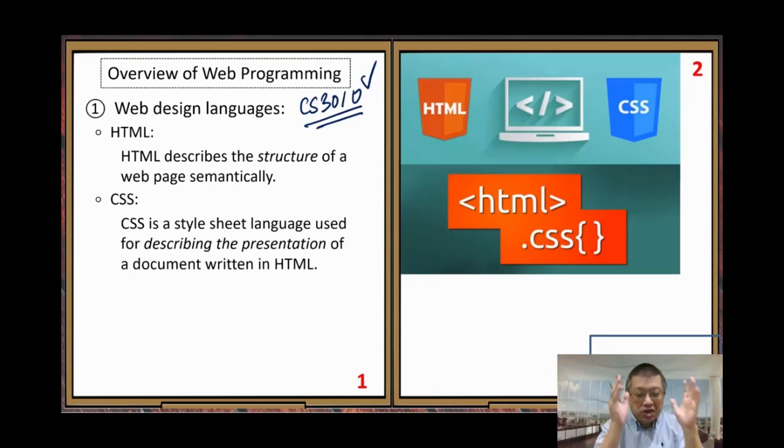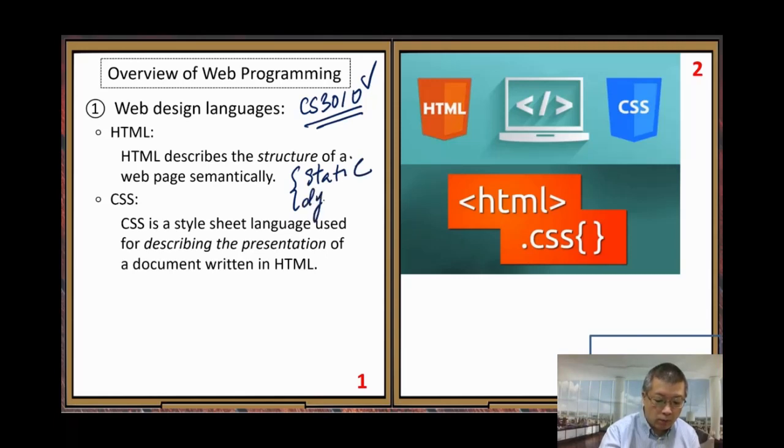Here I emphasize, we have two types of content, static and dynamic. So HTML plus CSS, the static content.